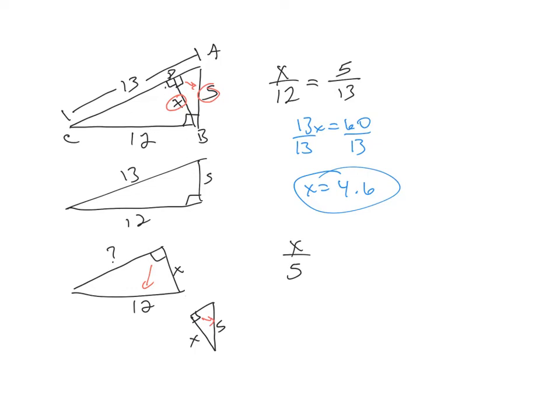Okay, and so then if you went back to, but now, here's the difference. In this little triangle, the x is the longer side of that triangle. This over here is the smaller side.